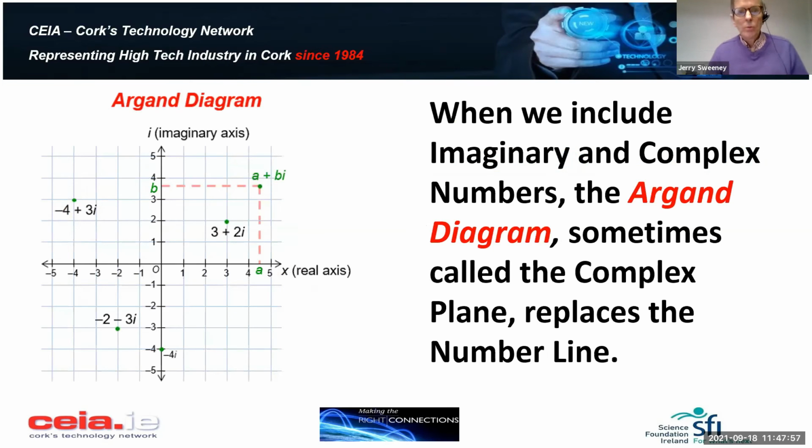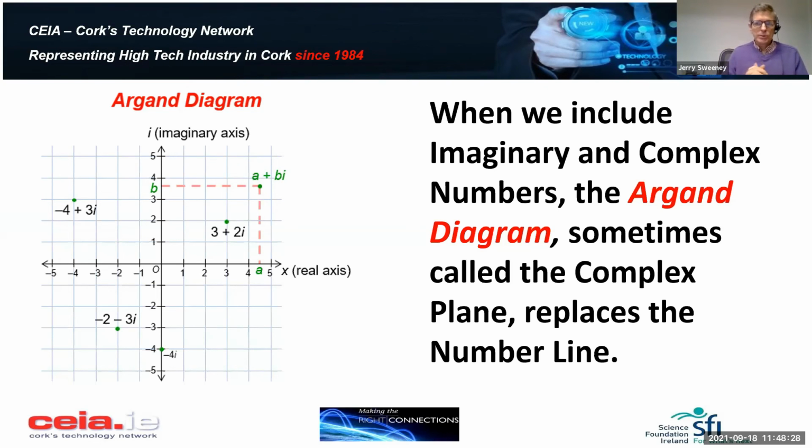Okay, now what we are going to do for the rest of today's session is work with complex numbers on what's called an Argand diagram. I'm going to remind you that I have a problem with referring to complex numbers on the Cartesian plane, because I believe the Cartesian plane represents pairs of numbers, whereas complex numbers are not pairs of numbers.